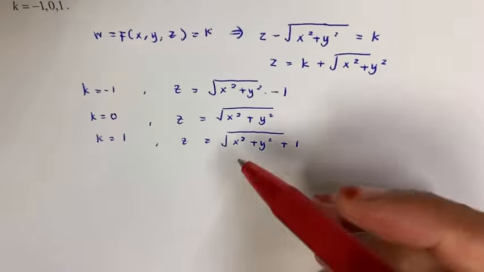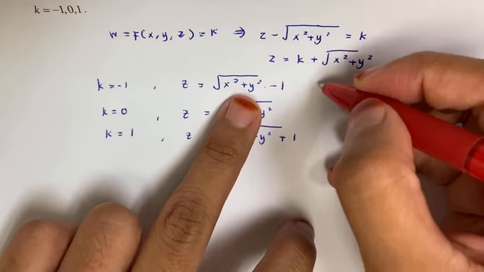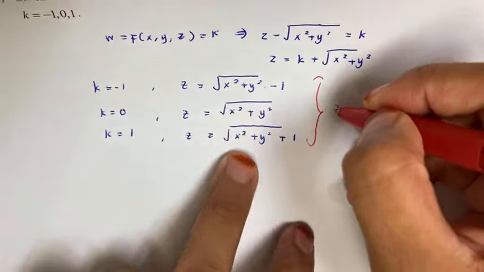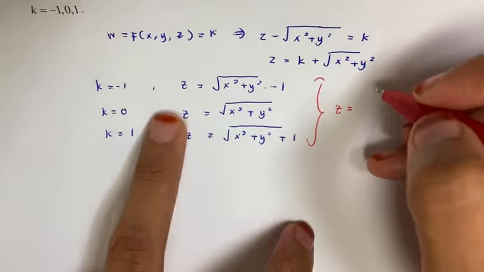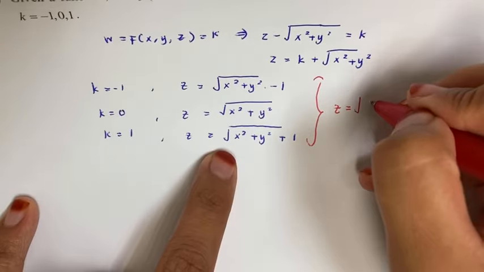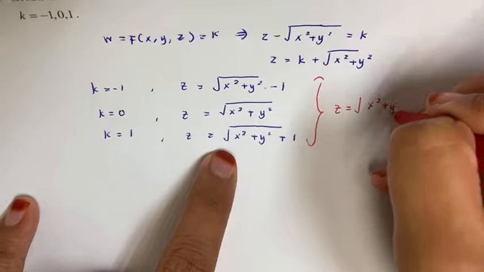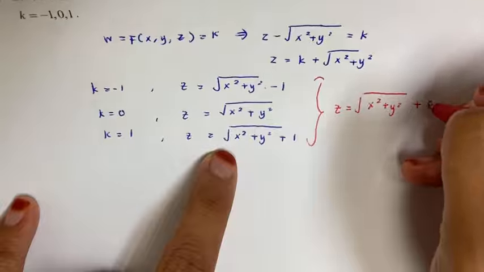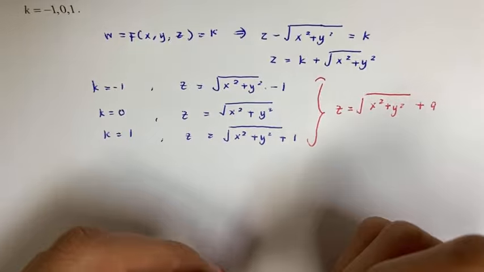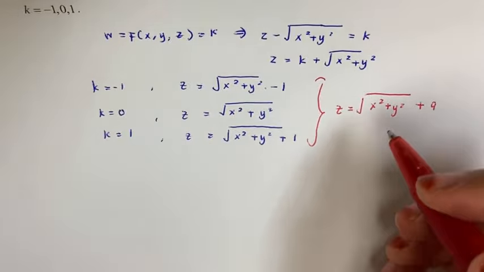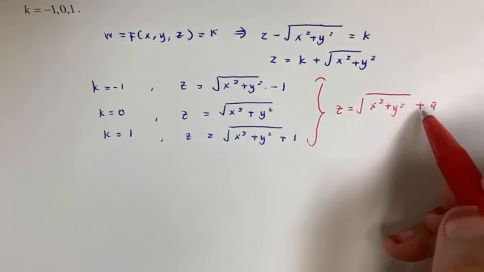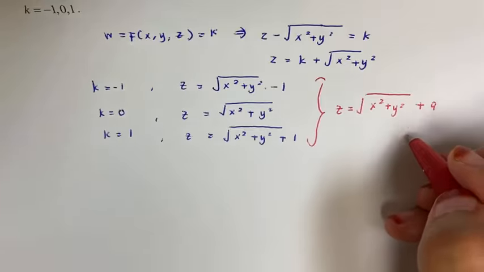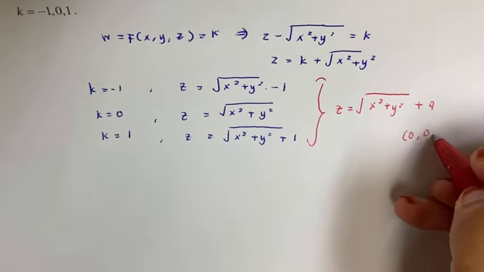So we have these three. When we write this in general form, we have z equal to the square root of x square plus y square plus a. So what does it mean? This means you have cones with vertices at 0, 0, a.